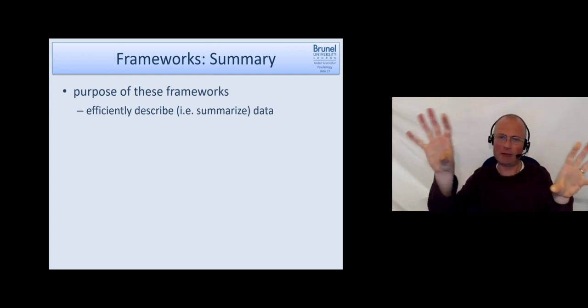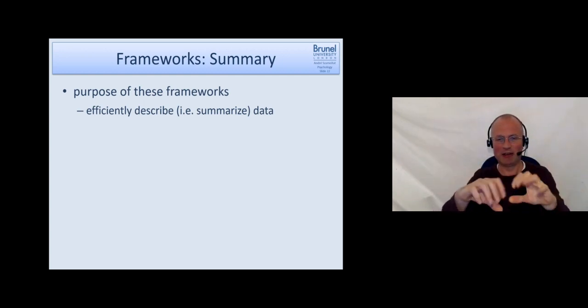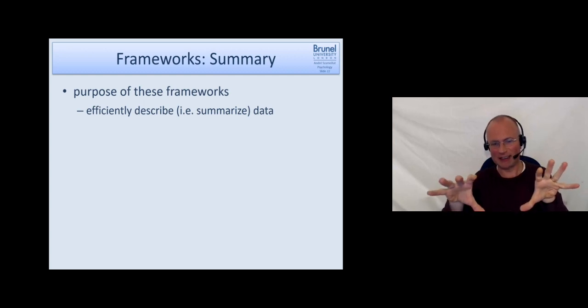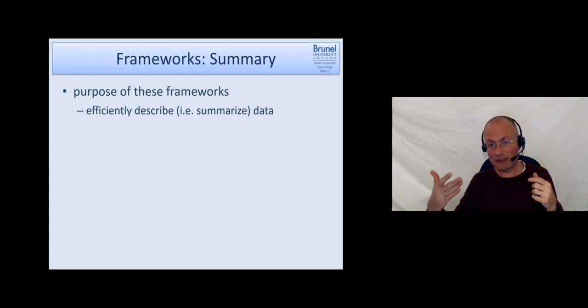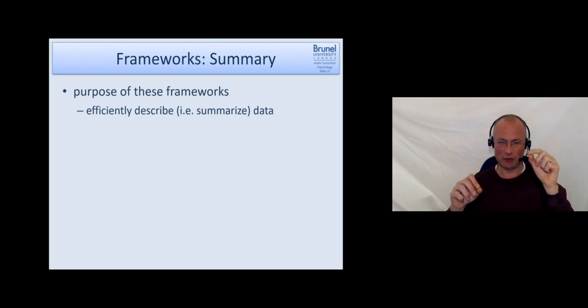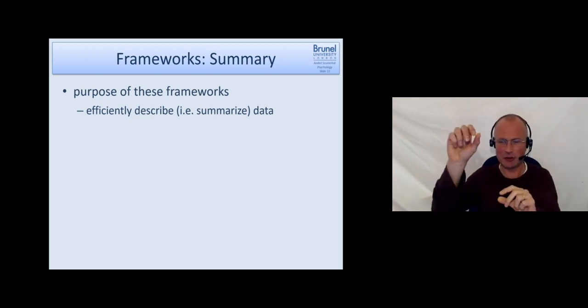But when I can describe something in a framework where all falls into place, I can just say, well, if you remember Sternberg's experiment, with increasing set size, the response time increases by 40 milliseconds. That's so much easier than to say, and then if you add another item, it's again a little bit slower, and so forth.